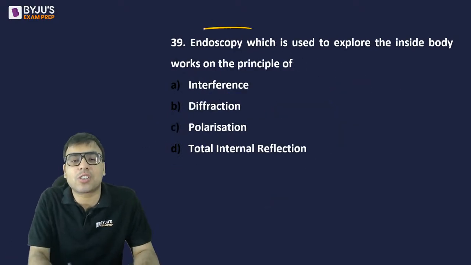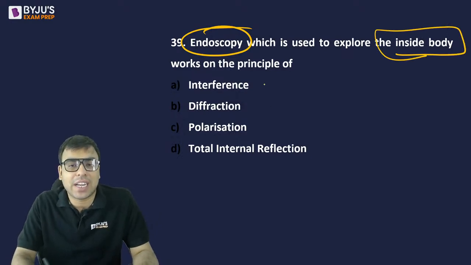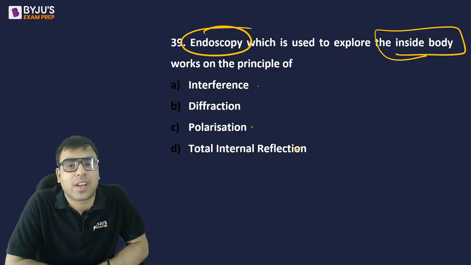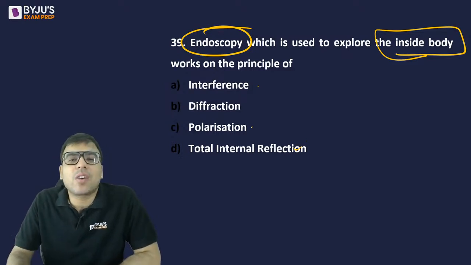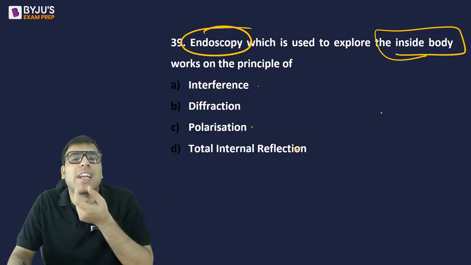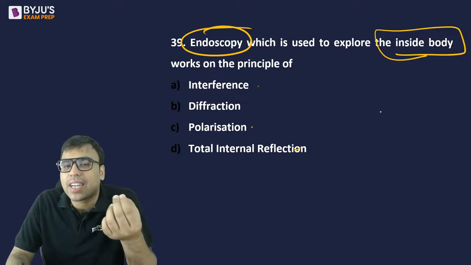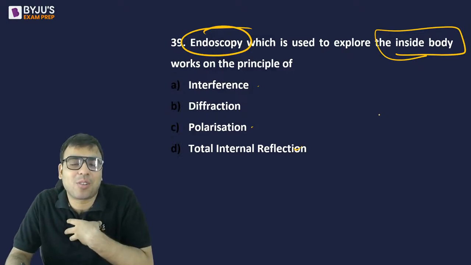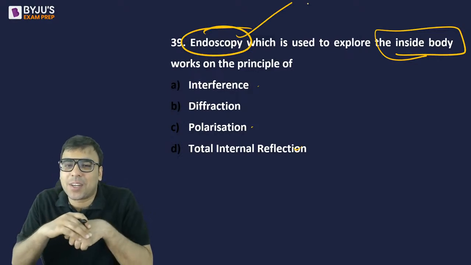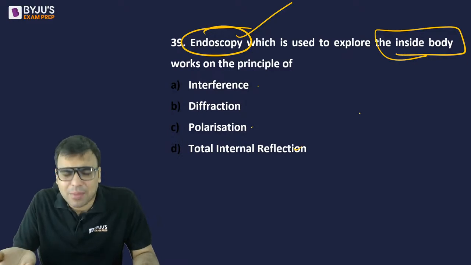The next is: endoscopy, which is used to explore the inside of the body, works on the principle of interference, diffraction, polarization, or total internal reflection. What is the right answer to this question? आपने देखा होगा, endoscopy is done by inserting something inside the body, and with the help of that the internal functioning of the body gets known, the doctor gets to know by this method called endoscopy. तो उसमें क्या किया जाता है, I hope you are aware, these are very simple.